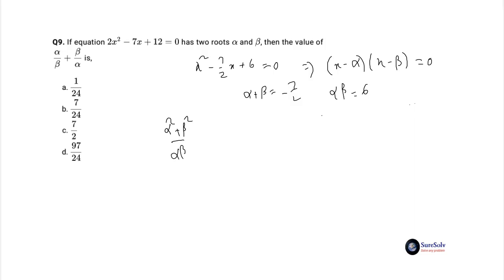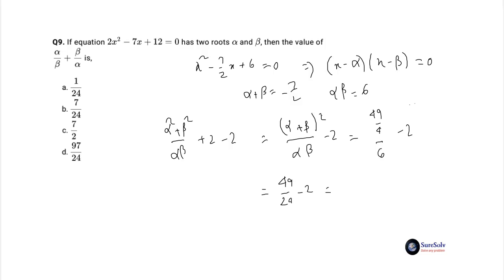We will add 2 to this expression to form alpha plus beta whole square in the numerator plus 2 and compensate by minus 2, equal to alpha plus beta whole square in the numerator divided by alpha beta minus 2, equal to 49 by 4 in the numerator divided by 6 minus 2, equal to 49 by 24 minus 2, equal to 1 by 24. Answer is option A, 1 by 24.